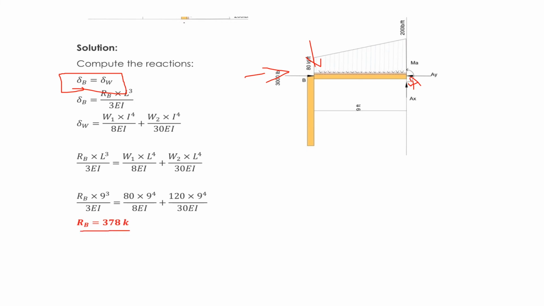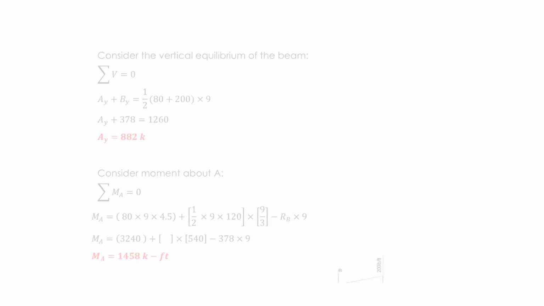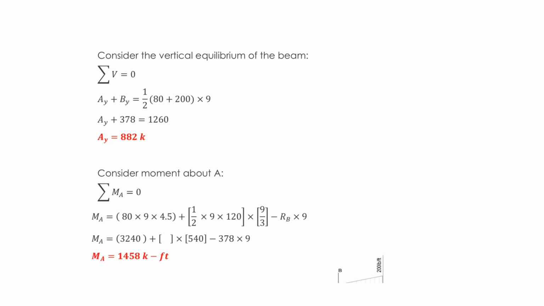And then we have to consider the vertical equilibrium of the beams. So the vertical equilibrium of the beams is equal to 0. So A1 plus B1 is equal to 1/2 times 80 plus 200 times 9. So we come up with AY.